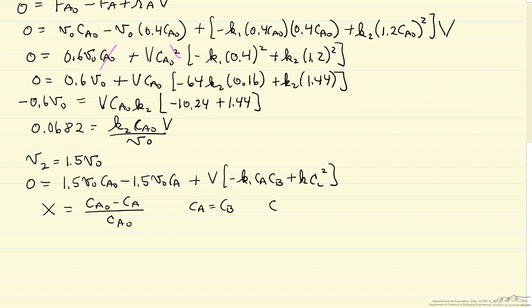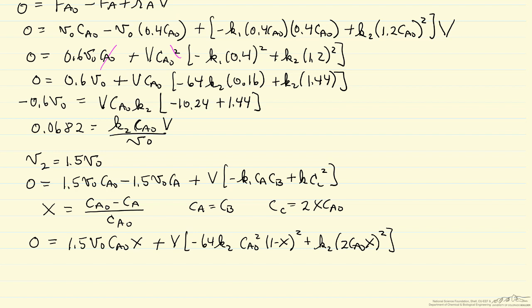Also, if we have a conversion X, the concentration of C leaving the reactor is 2X times the feed concentration of A. So I can substitute in for these variables, and let me just stop and substitute into the mass balance.